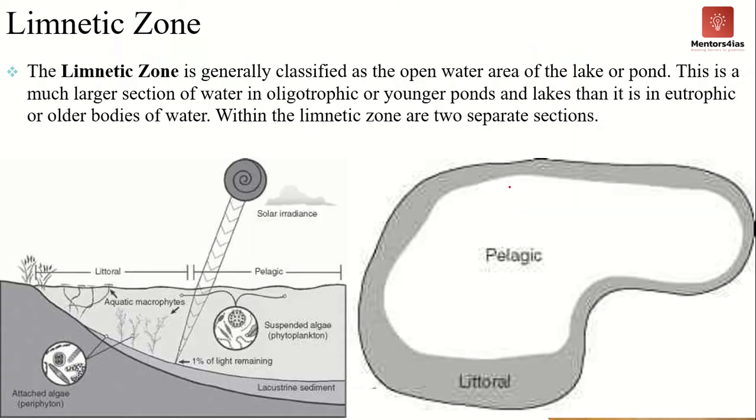Similarly, we have the pelagic zone, also known as the limnetic zone. The pelagic zone is the offshore area which begins from the outer margin of the littoral zone, where the solar irradiance, that is the amount of sunlight received along the bottom of the water body, is less than 1% of the solar irradiance received along the surface.